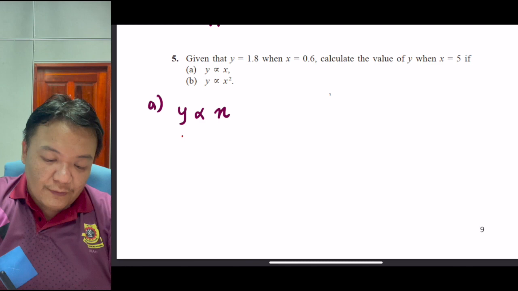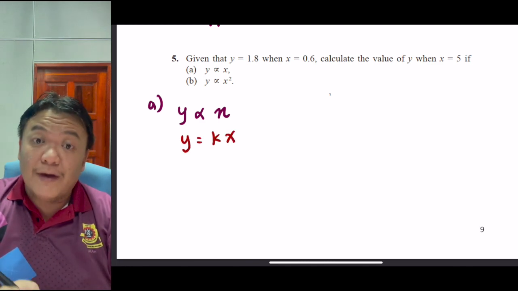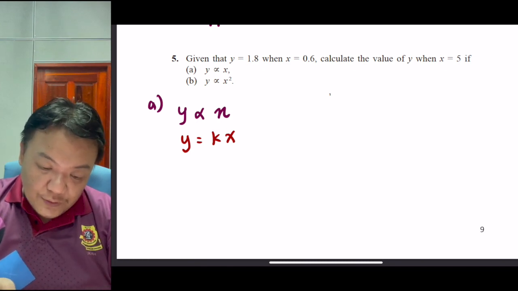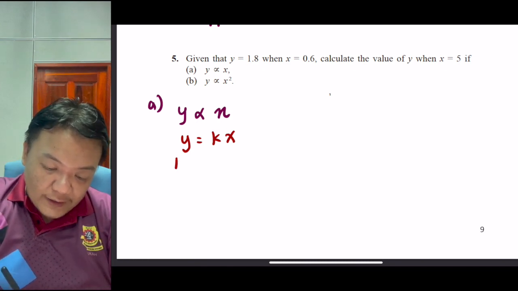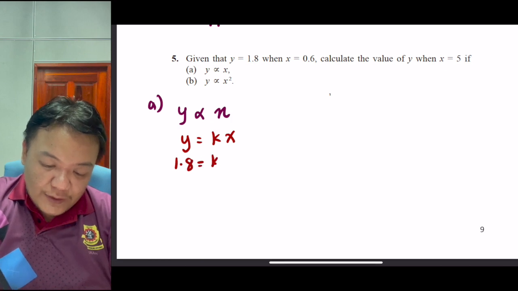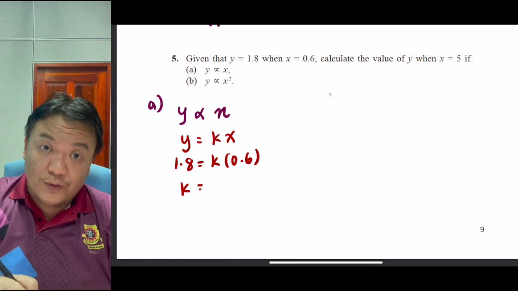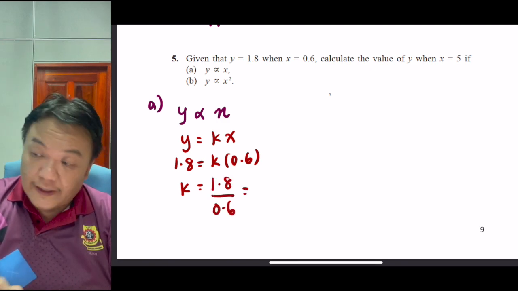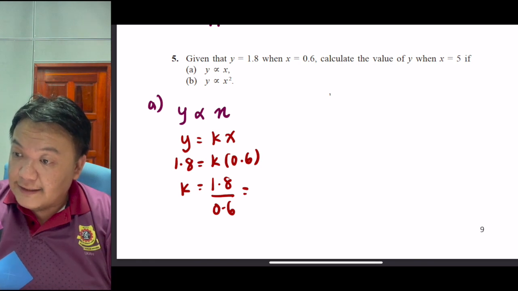So you will write it as y is equals to kx. You need to find the value of k by substituting the given values. So you have y is 1.8, equals to k times 0.6. So k is equals to 1.8 divided by 0.6. Press your calculator.